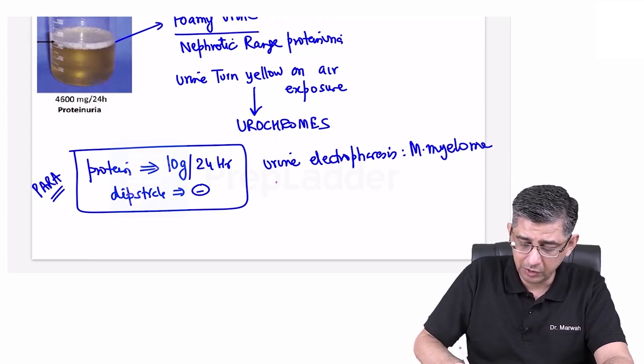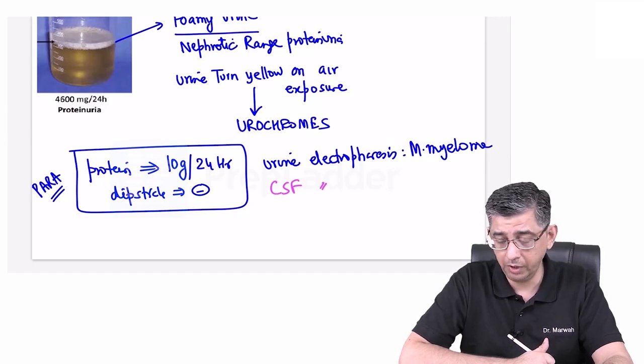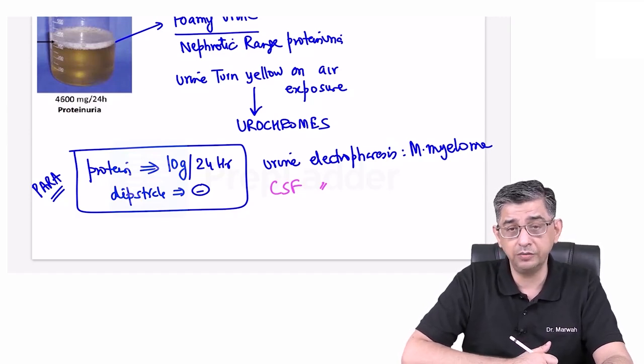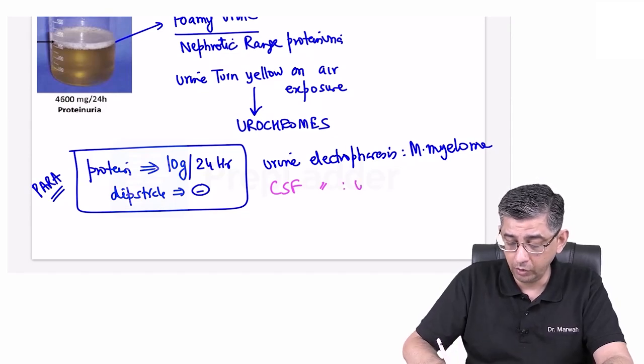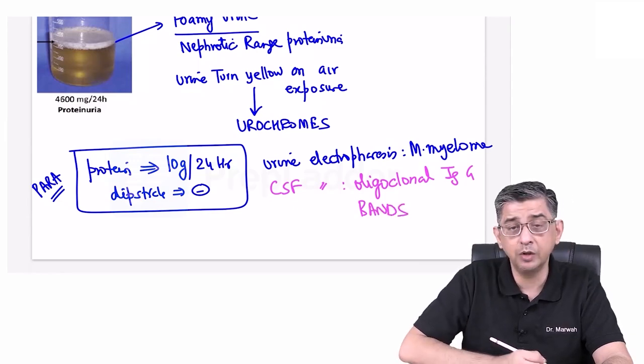A related MCQ at this point of time, and I can put that as a question to you guys. Can you tell me an autoimmune condition related to the brain, more common in women, where you have Uthoff phenomenon and you read about CSF electrophoresis? You will read oligoclonal immunoglobulin G bands present in the CSF of the patient. This is a miscellaneous question that I'm discussing at the moment.